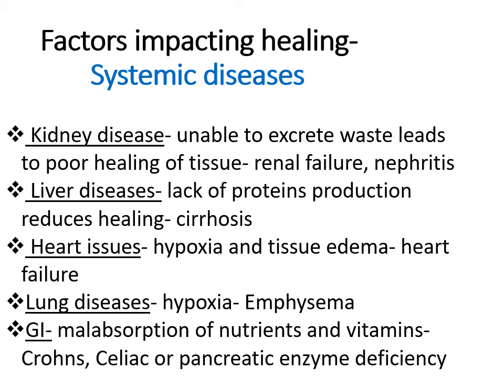In renal disease, you're unable to excrete a lot of waste, and that waste stays in the bloodstream, and that's going to result in poor healing of tissue. Okay, so anybody who has renal failure and then has a wound, it's going to take much longer for the wound to repair itself because there's waste in the bloodstream.